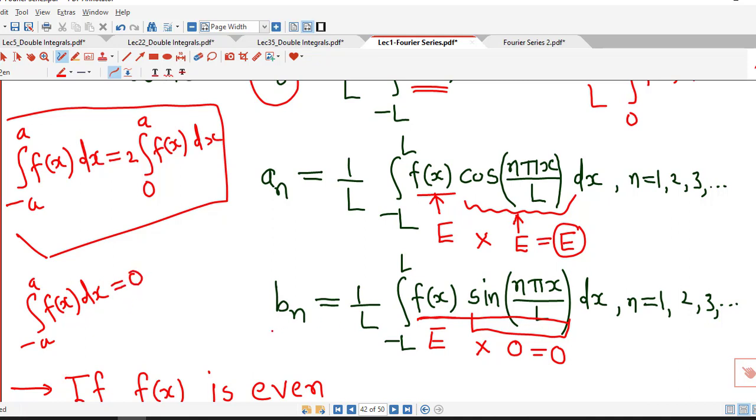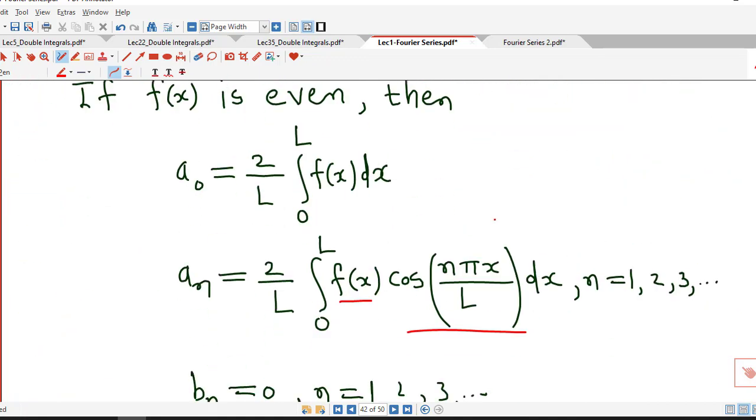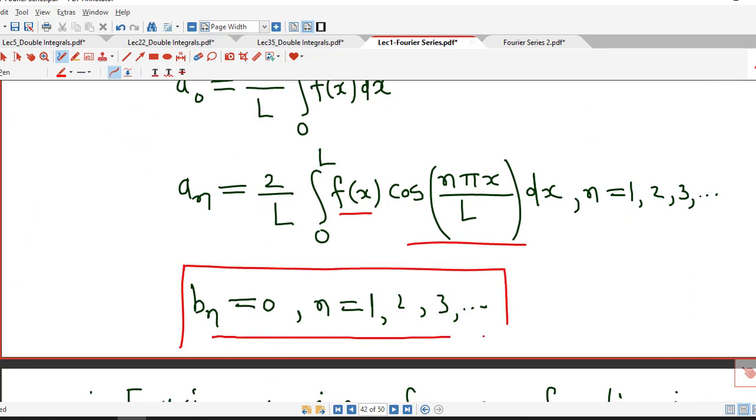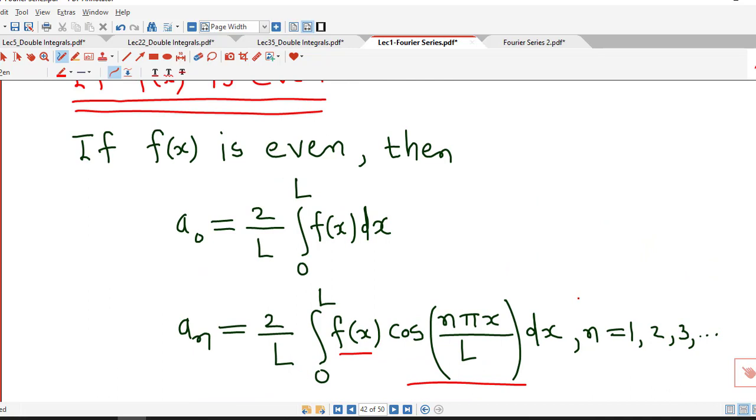So bn becomes 0 if f(x) is even. So if our function is even, we can directly write bn = 0, which reduces our work of calculating the values of bn.